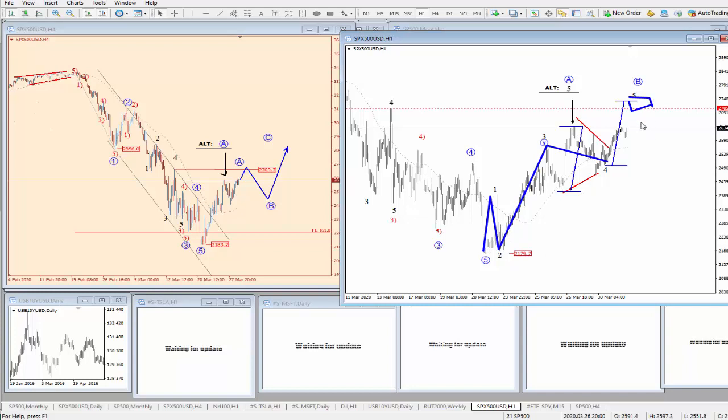You have room for another 70 points or maybe even 100 points to the upside to make this 5th wave, but you really should be aware of a corrective setback. Once this corrective setback happens, that's the timing when maybe crude oil will really start moving to the downside.